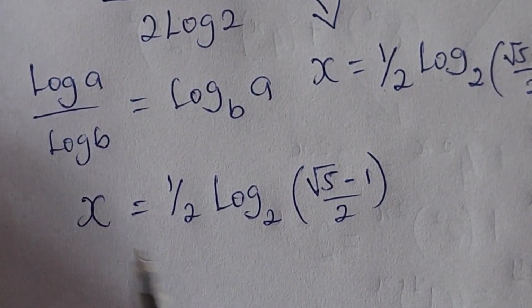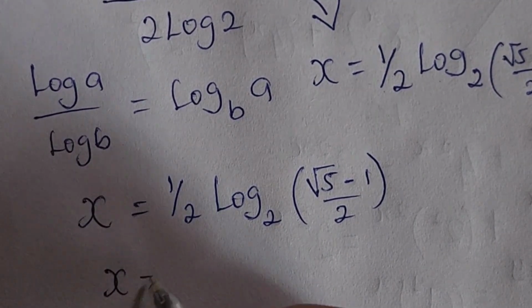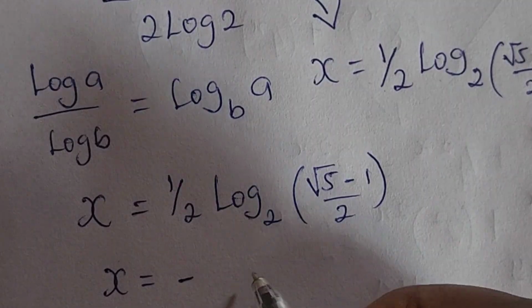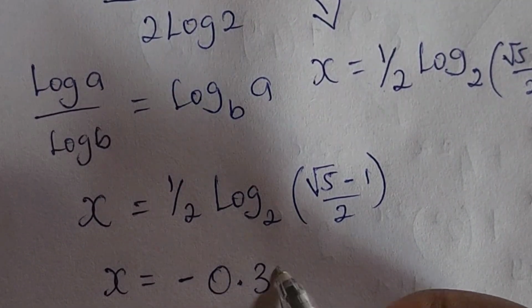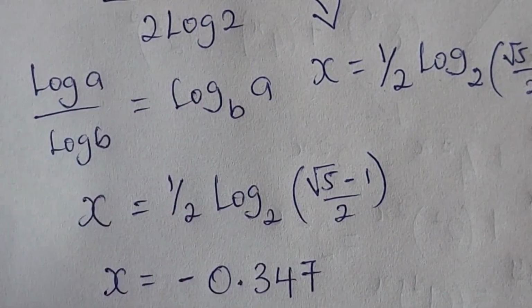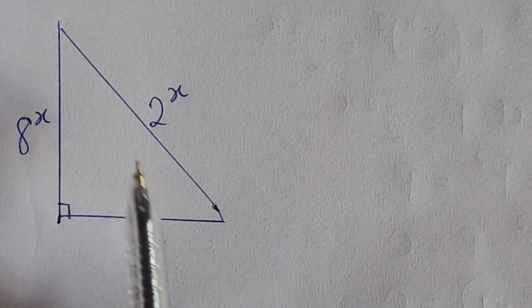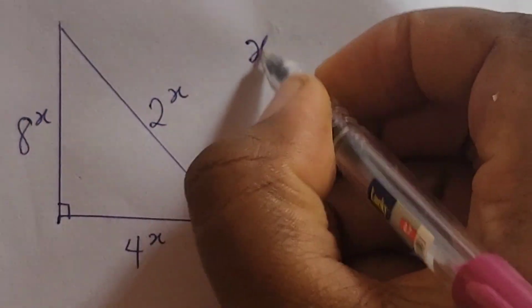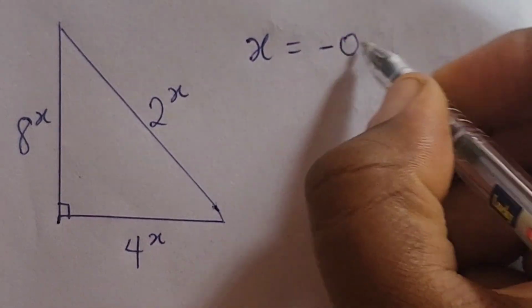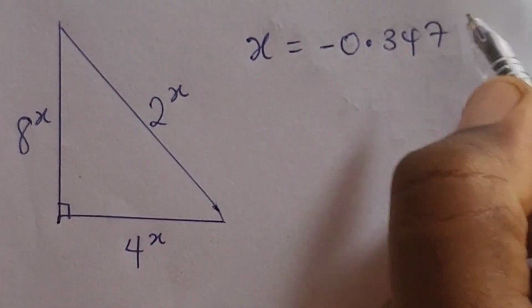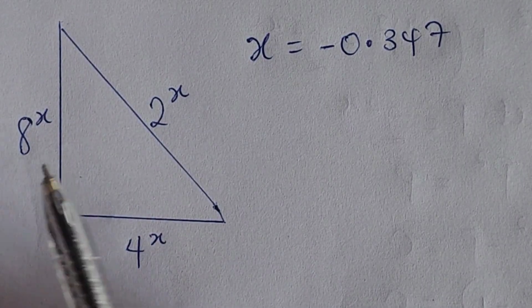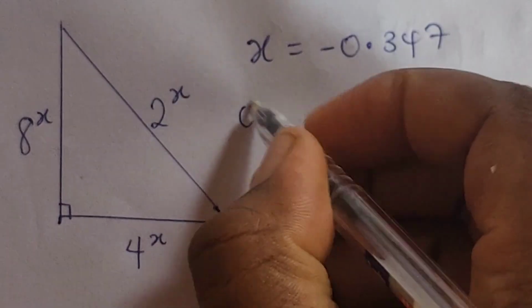So when we punch our calculator, we'll have that x is equal to minus 0.347. So going back to the question, we have x to be equal to minus 0.347.